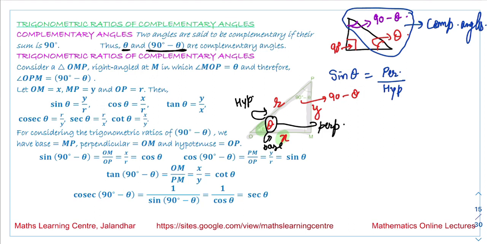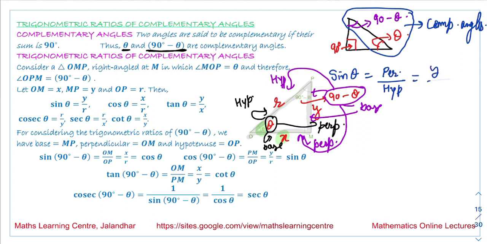When I am talking about this angle 90 minus theta, this side over here is the base, this side is the hypotenuse, and this side is the perpendicular. So when we are writing sine 90 minus theta, it is perpendicular over hypotenuse.